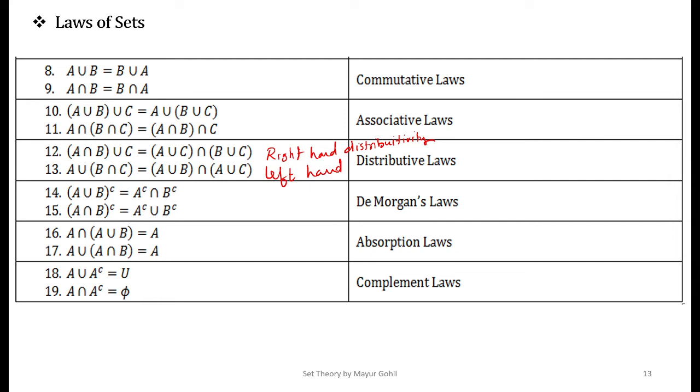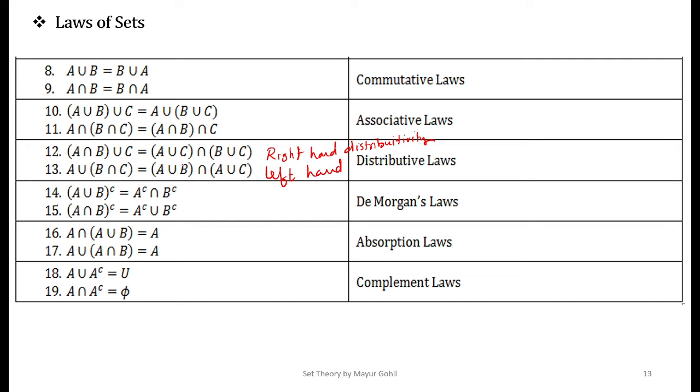So what does it mean to say here? It is A intersection B union C is the same as A union C intersection with B union C.